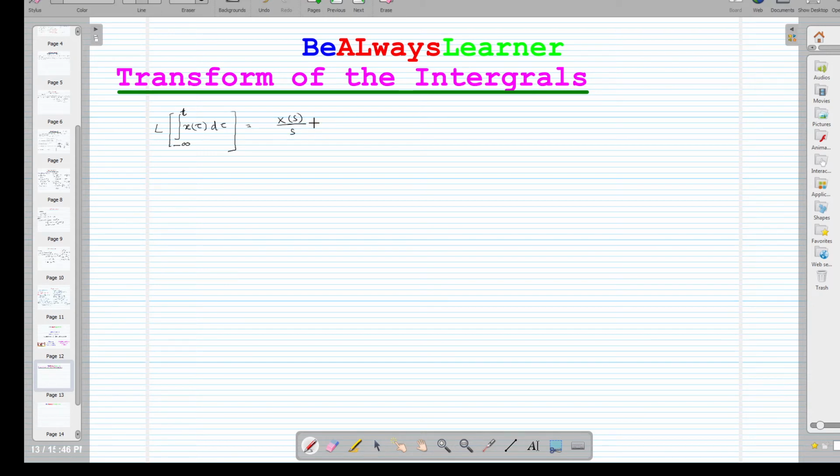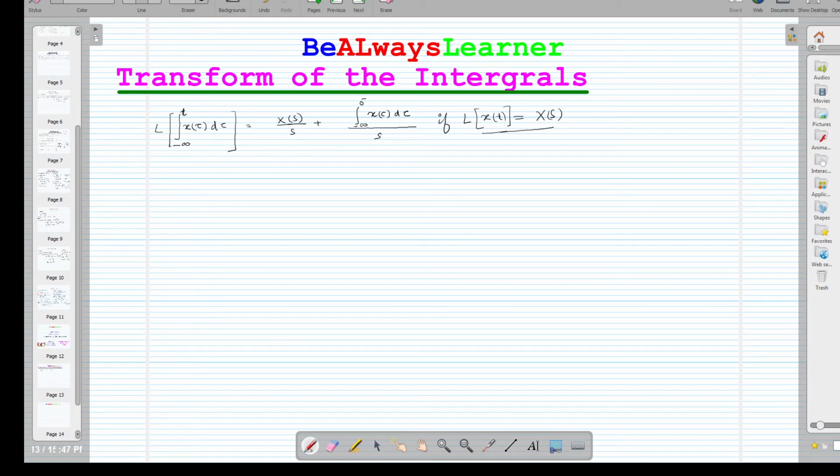That is, if x(t) has the Laplace transform X(s), this property is proved if this is equal to that.